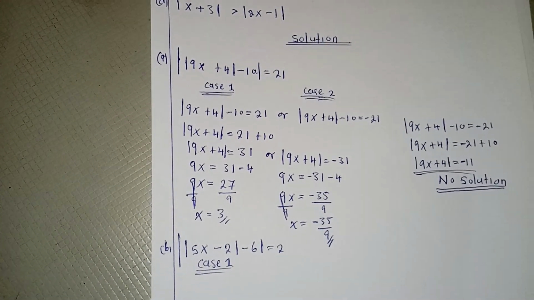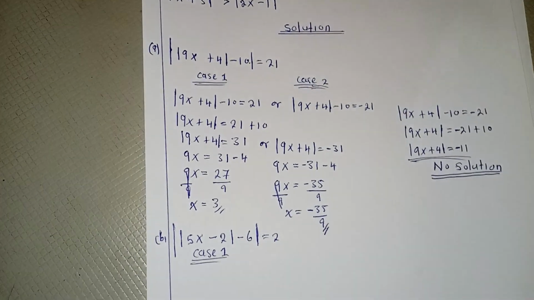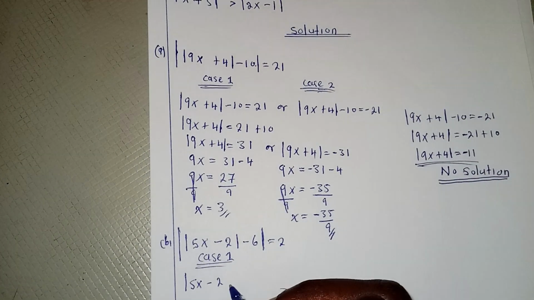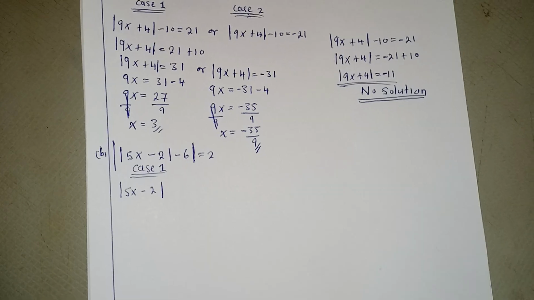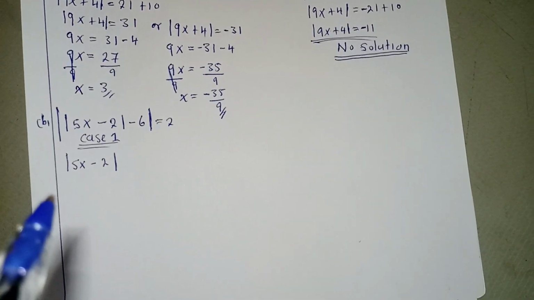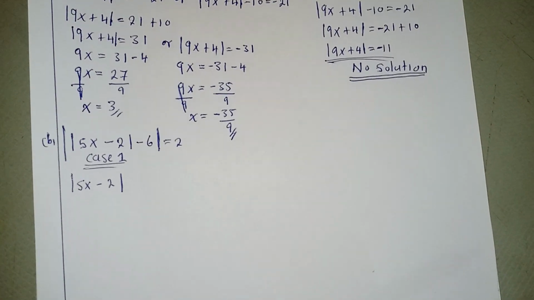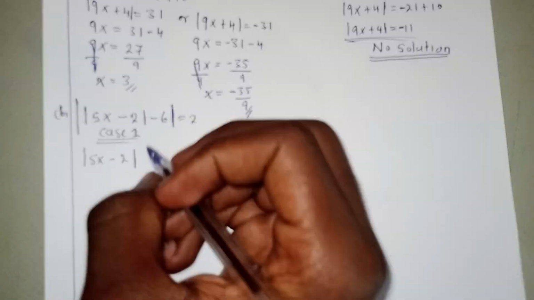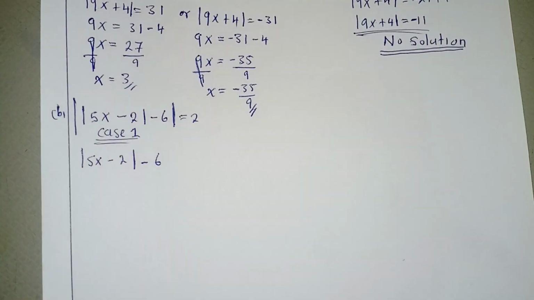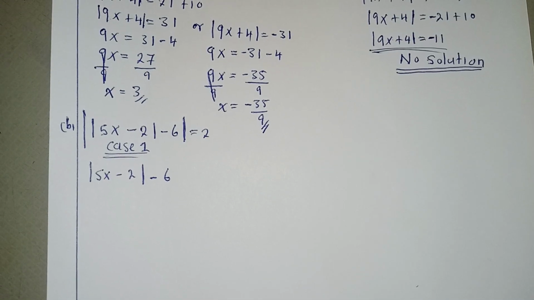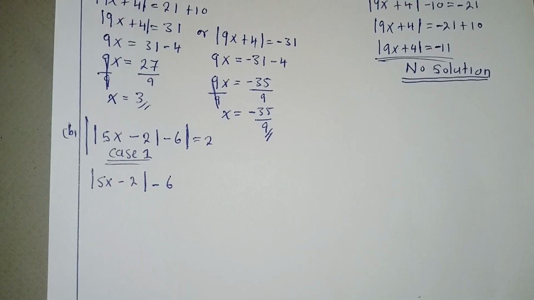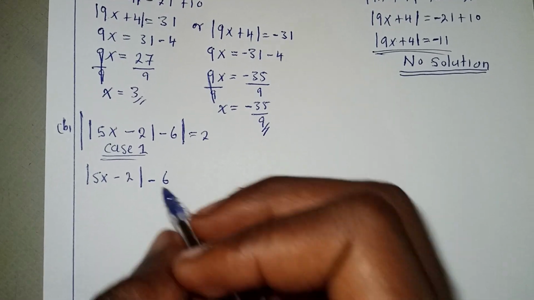We'll just equate this, 5x minus 2, minus 6, and then we say this must equal 2.